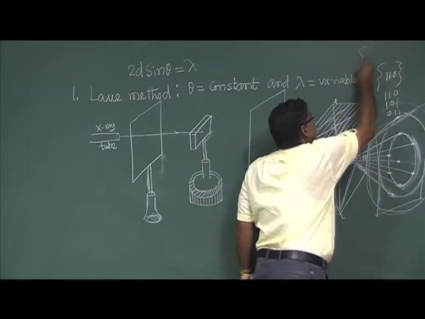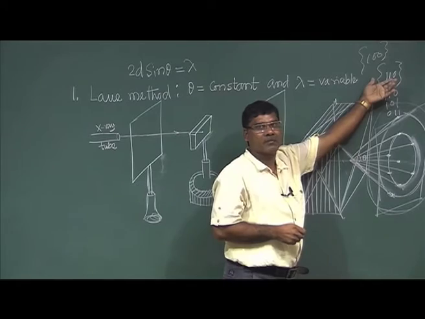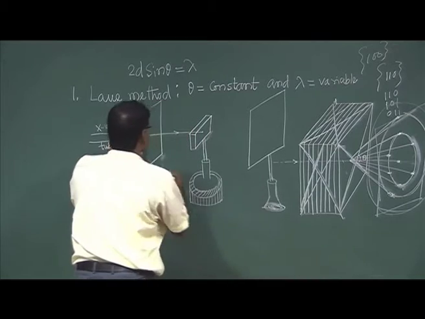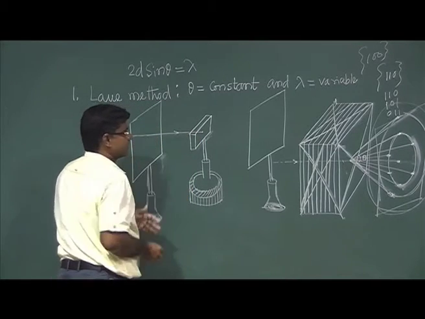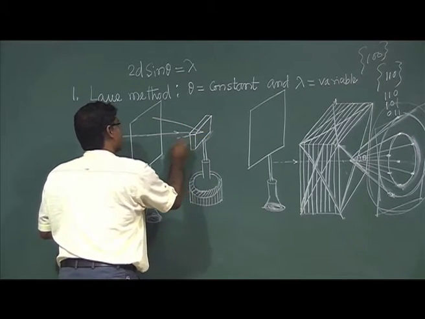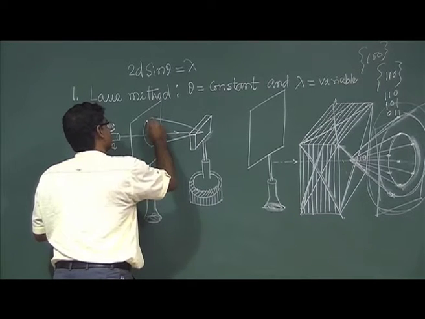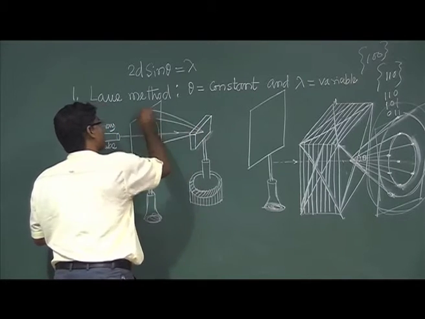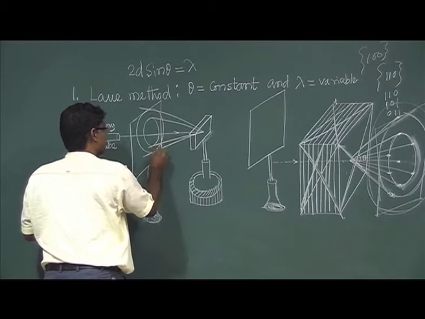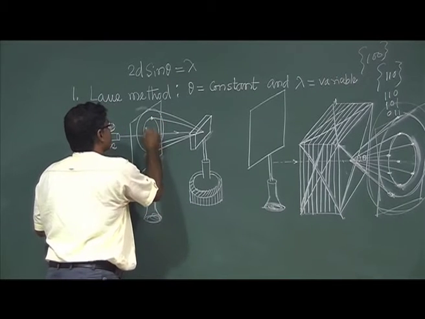Like 1 1 0 is one family of planes, this is another family of planes, etc. And for the backscattered one, if you think of the other side, you will get this opposite side also, you will get the same cone. Okay. On that you will get spots.